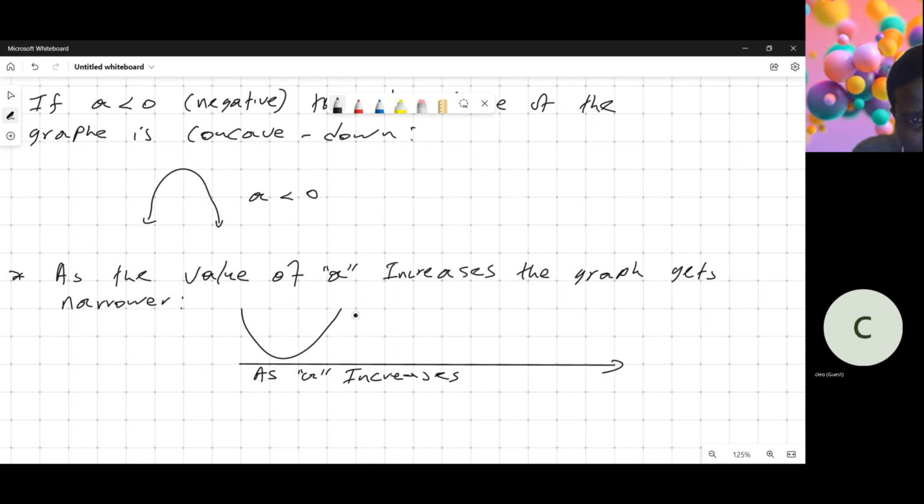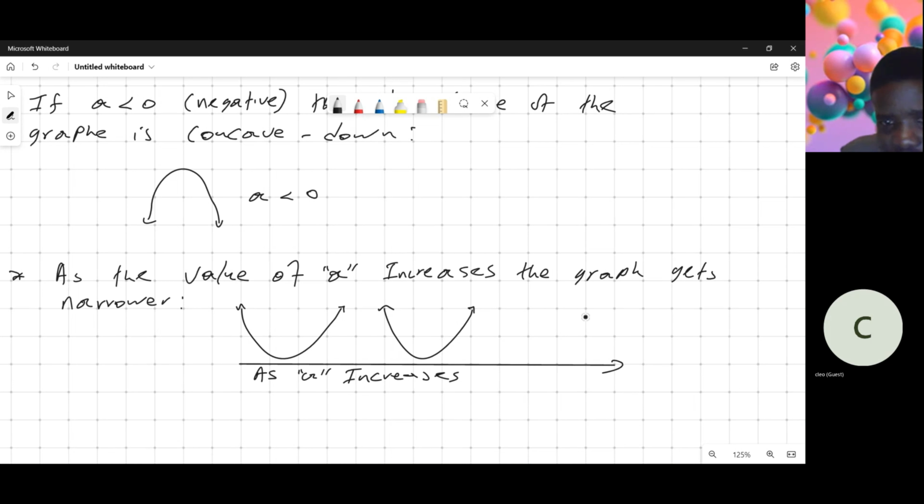There is your first graph. It's broader. And then let's make another one here. As a increases, look at this one.